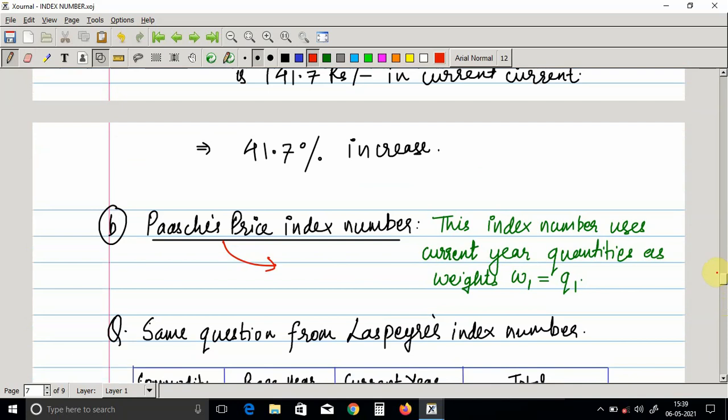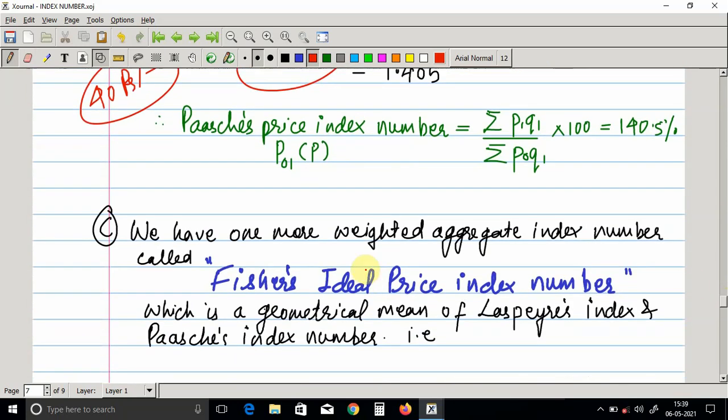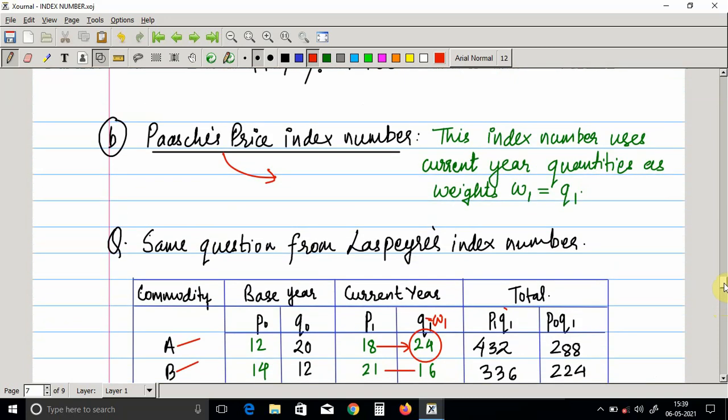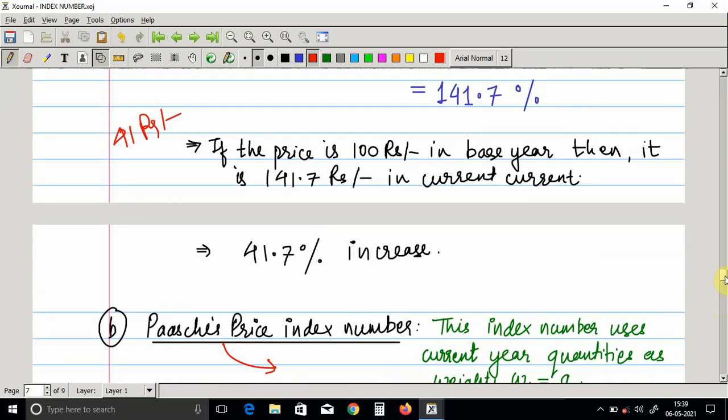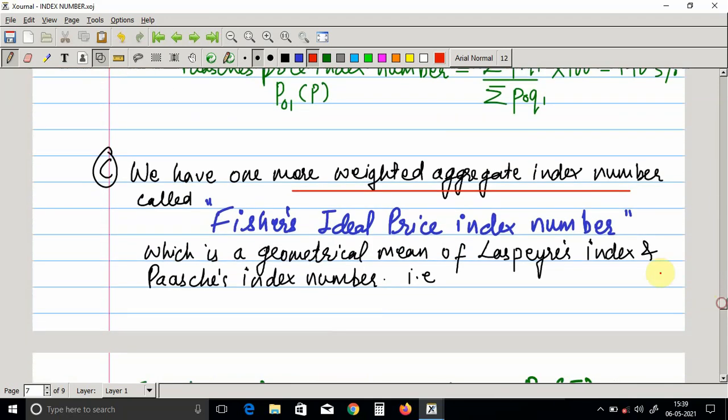I am not comparing these two index numbers, but I have one more weighted average called Fisher's ideal price index number, which depends on Laspeyres and Paasche price index. And how is it depending? It is the geometrical mean of these two index numbers.